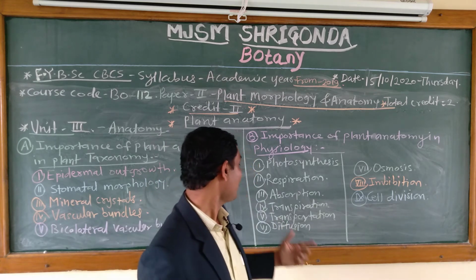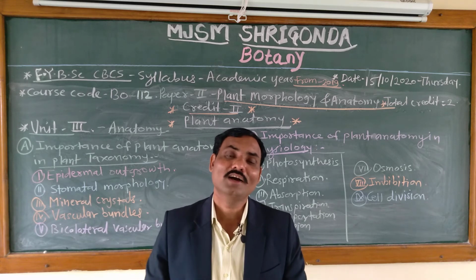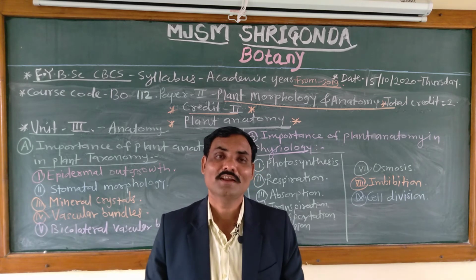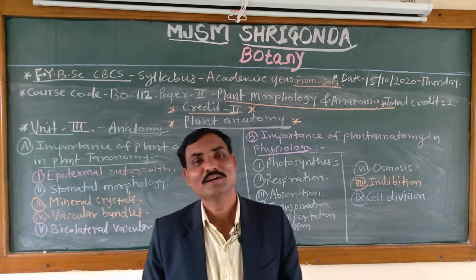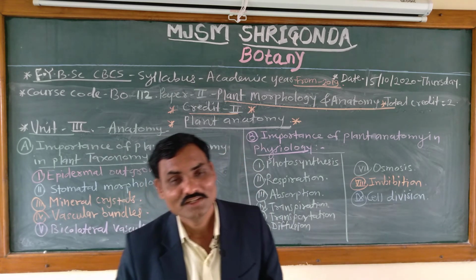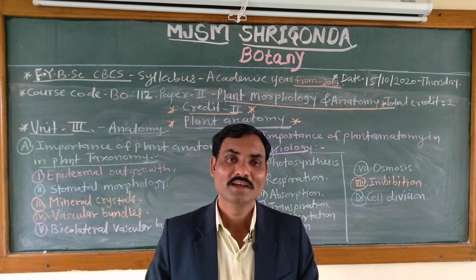Then transpiration. How does transpiration take place, and which is the main organ or component of transpiration? Then we come to the stomata. Stomata play a very vital role in the transpiration process. What is the definition of transpiration?